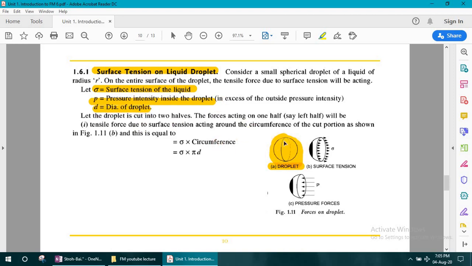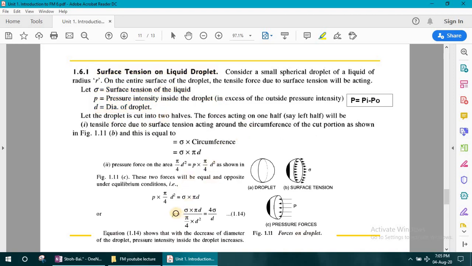As this is spherical in shape, we'll consider D, the diameter of the droplet. Now what will be the value of pressure inside this droplet? With the help of this formula you can calculate: P is equal to 4 sigma by D, where sigma is the surface tension, D is the diameter of our droplet and P is the pressure intensity inside the liquid droplet.